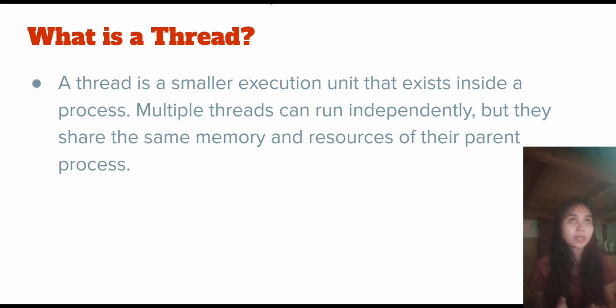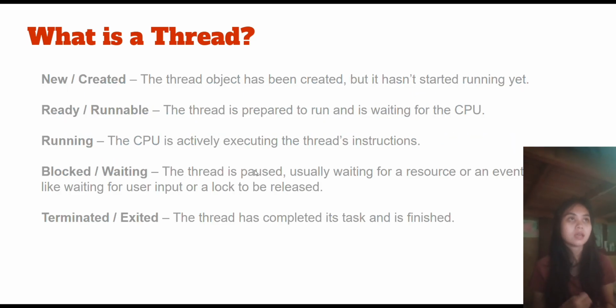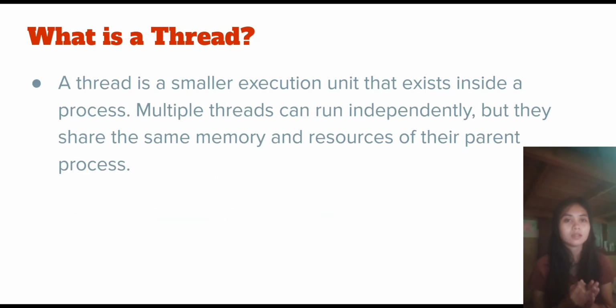Ang pinag-iba niya sa process, threads share most of the resources of their parent process. They have the same memory space, the same open files, the same global variables, but each thread still has its own private data.